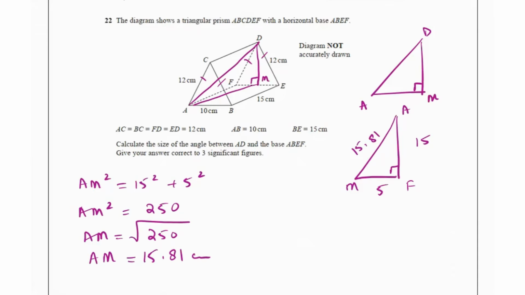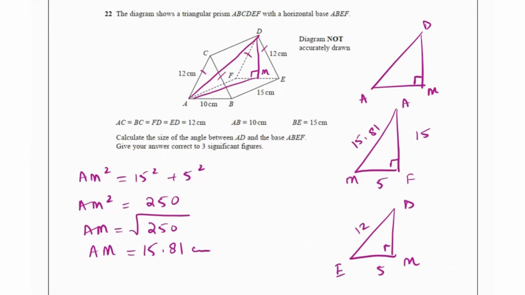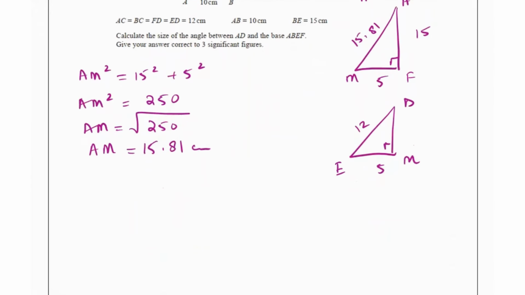Now that we have the length of AM, we need to figure out what DM is going to be because it's easy to find DM compared to AD. So for DM, let's draw another right angle triangle. So this is D, this is M, and this is E. So we know EM is the same as FM, which is 5. And we know ED is 12, so we need to find DM. Again, we'll use Pythagoras because we don't have an angle, but we have two lengths. So you can easily find the third one.